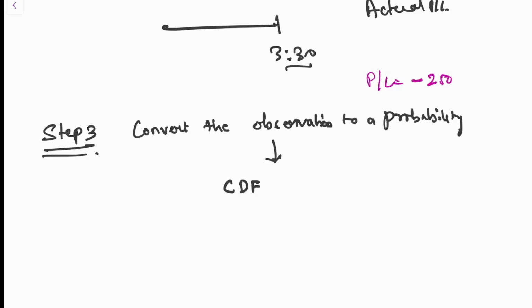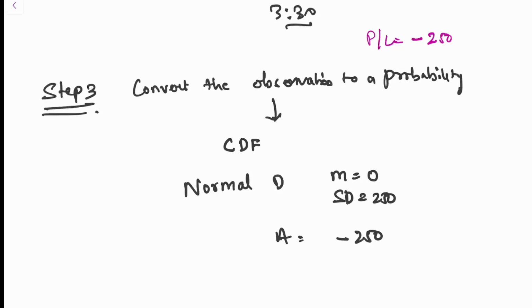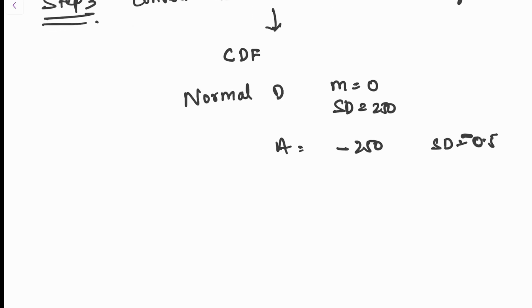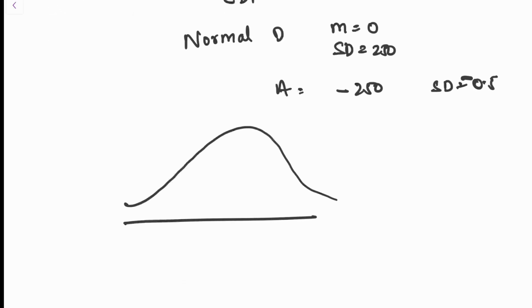Write down: the model predicted a normal distribution with mean equal to 0 and standard deviation of 500. But my actual loss is $250, and that is equivalent to negative 0.5 standard deviations away from the mean. Now, try to understand this normal distribution table.